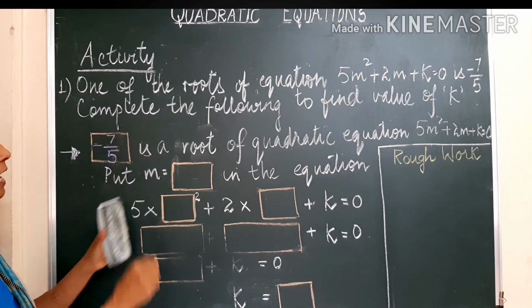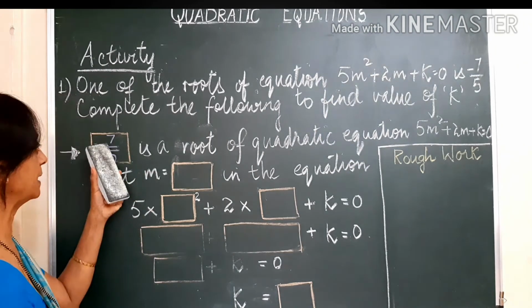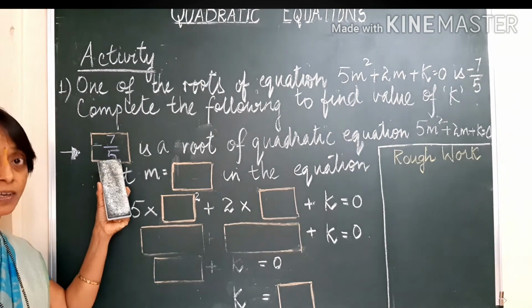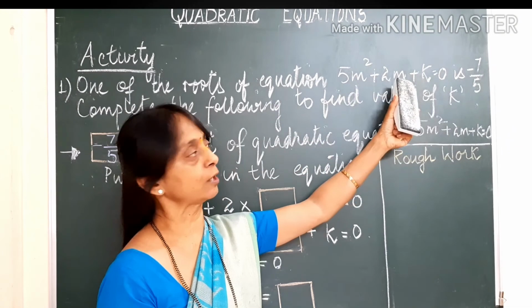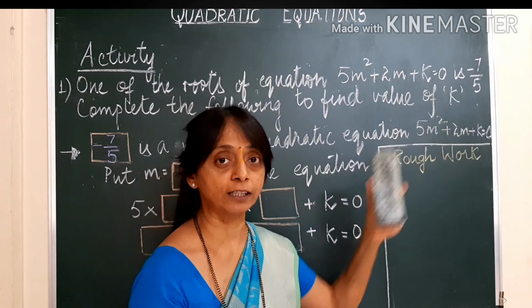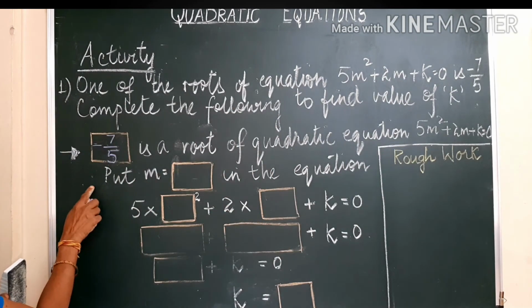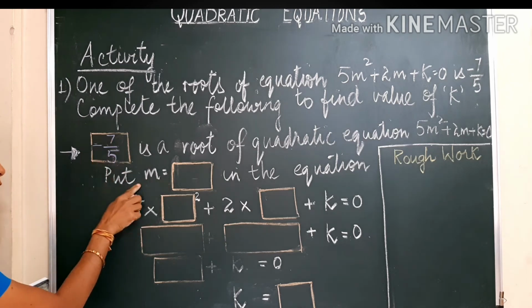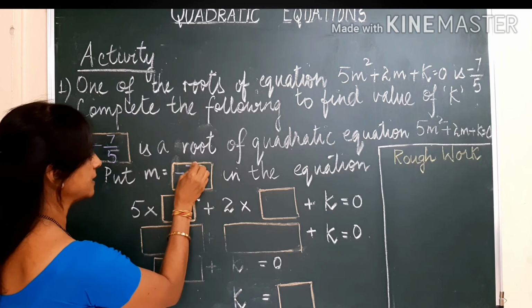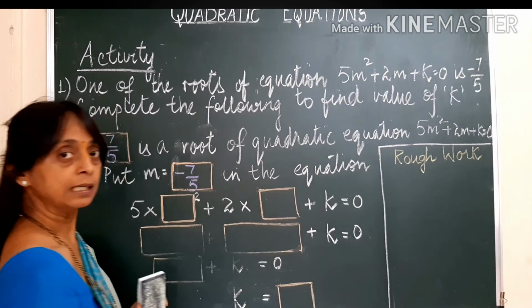By substituting minus 7 upon 5 in place of m in the given quadratic equation, we will try to find out the unknown value, that is value of k. So next sentence, put m equal to the given value. Let's substitute minus 7 upon 5 in the given equation.